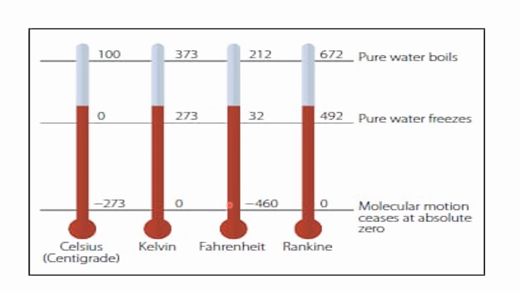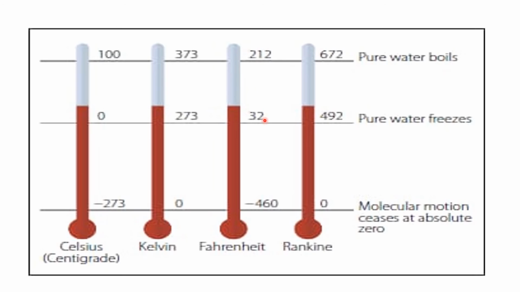For the Fahrenheit scale, absolute zero is at minus 460 degrees Fahrenheit, and 32 degrees Fahrenheit and 212 degrees Fahrenheit are where pure water freezes and boils. For the Celsius scale, from 0 to 100, 100 divisions are made. Here also 100 divisions are made on the Kelvin scale.